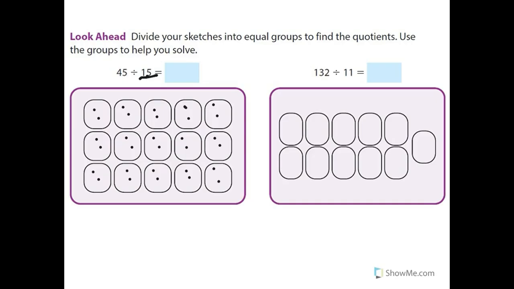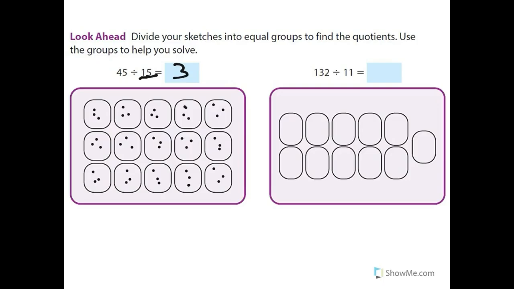How many do I have left? I have 15 left. I can just put 1 in each one of these because there's 15 of them. So how many is going to be in each one? 3. See how we're using models to do that?